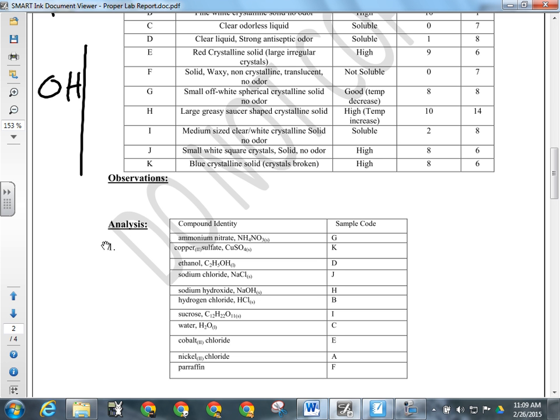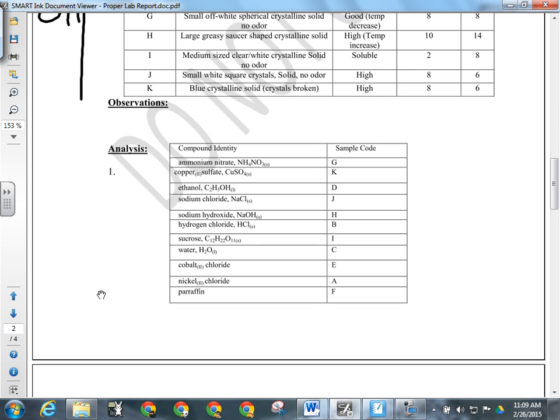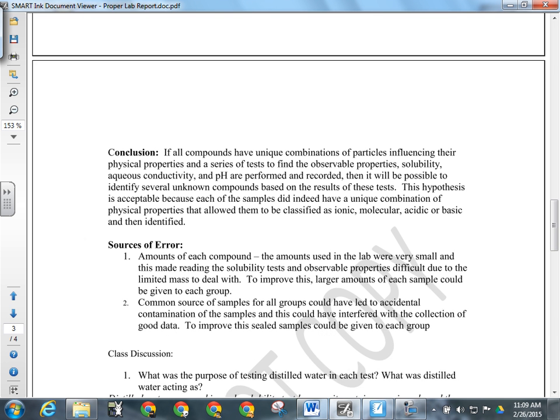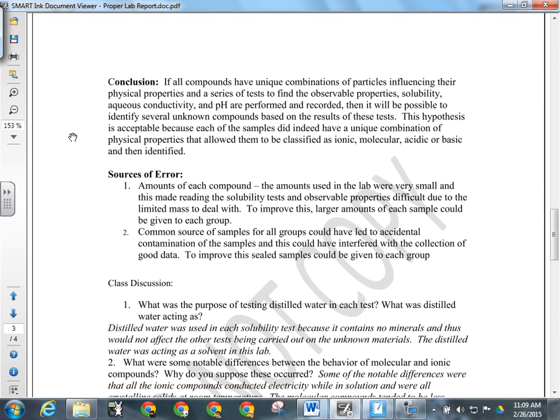Okay. All right, so that's what you had to do in the analysis, was just fill in the chart. Okay, for your conclusion, you need to restate your hypothesis, and so basically just copy and paste it, and that's what I did, copied and pasted it. Then, to accept or reject it, I need to talk about what did I find, and what does it tell me. Okay, so my premise was if all things have unique physical properties, okay, that I would be able to identify them.